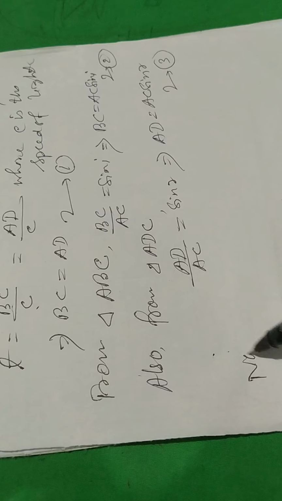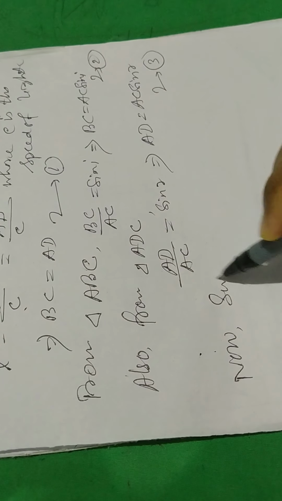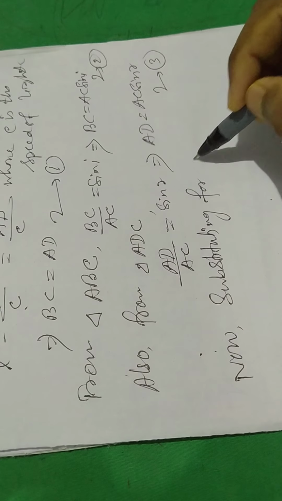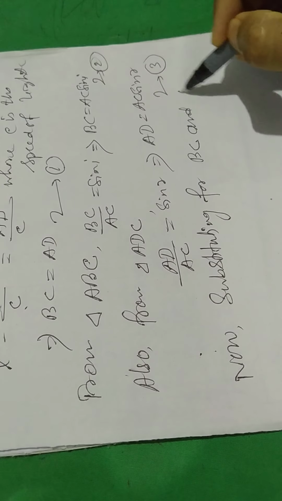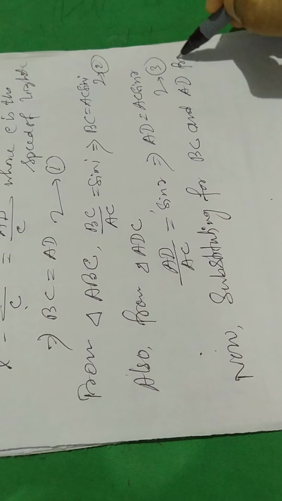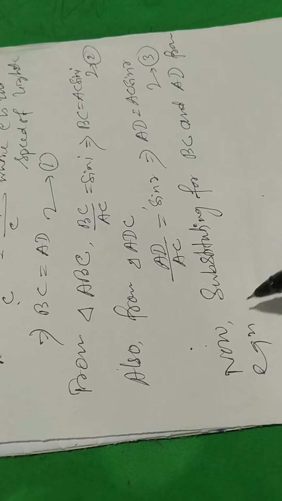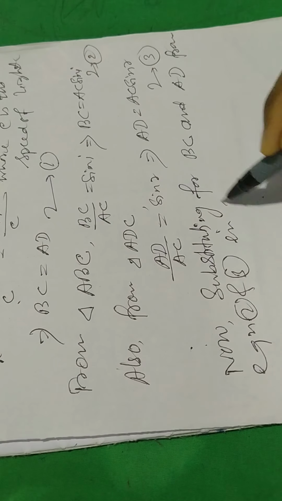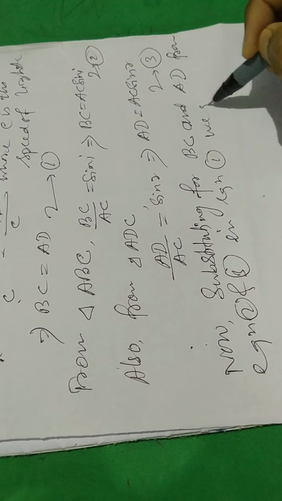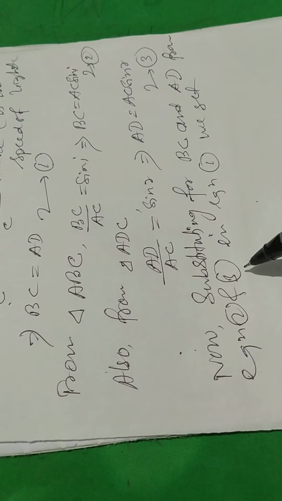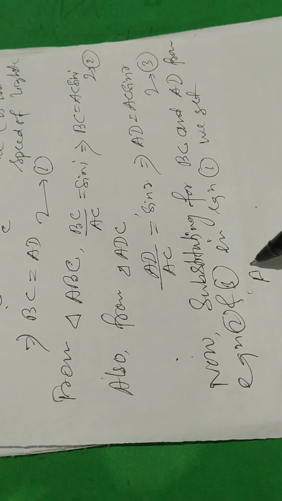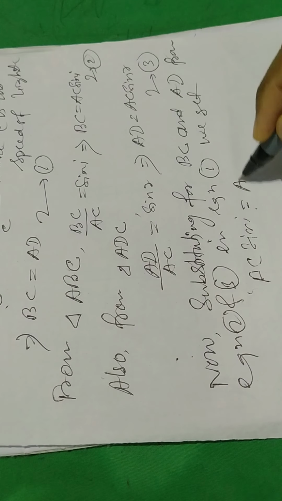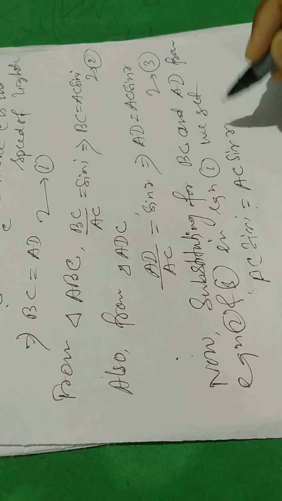Now substituting for BC and AD from equations 2 and 3 in equation 1, we get: BC is AC sin i and AD equal to AC sin r.